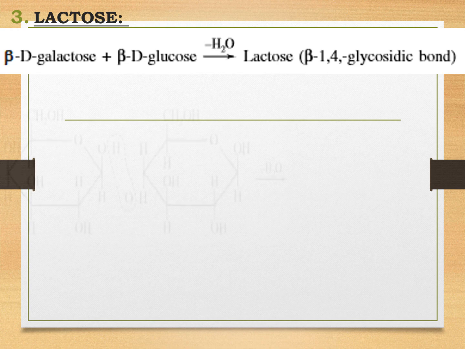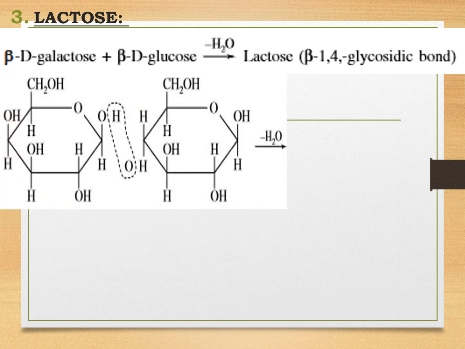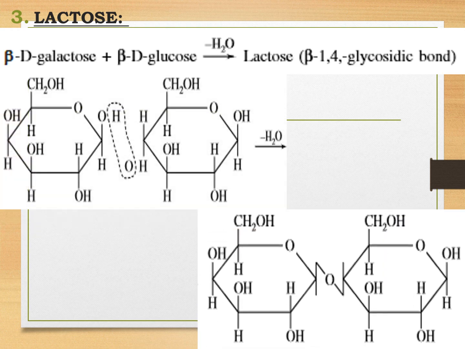The first disaccharide which we studied was sucrose. The second disaccharide which we studied was maltose, and the third disaccharide which we are going to study now is lactose. I hope you are familiar with this disaccharide because it is present in milk, and the meaning of lactose is milk sugar.